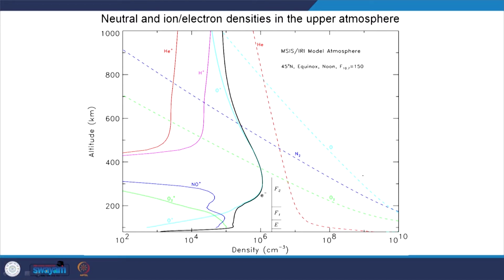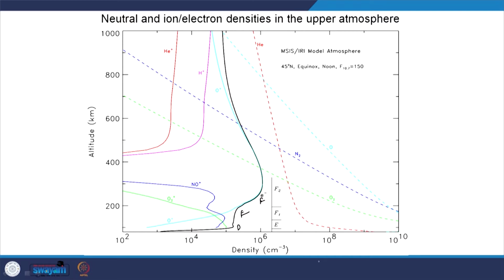Right. What you can simply see is a kind of exponential decay in terms of number density with respect to height, right. And you also see the electron density. This is the D layer, this is the E layer and this is the F layer. So, you also see that the electron densities are varying in this way.